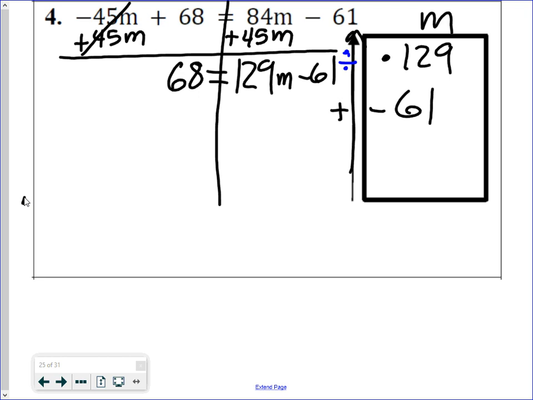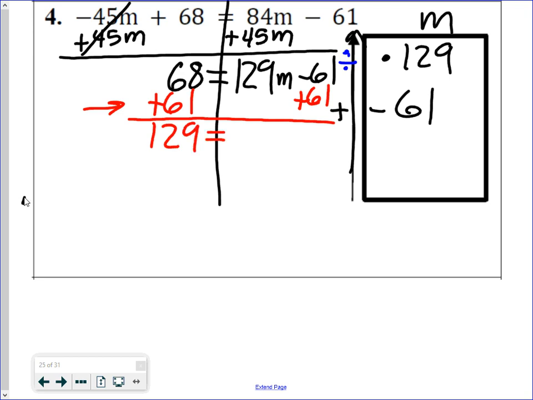Okay, so let's go ahead and do that. First step is to add 61 to both sides. So we're going to add 61 here, add 61 here. As I do that, I just like to start from the left and move right. So 68 plus 61 is 129. And that's equal to, the 129m comes down. And negative 61 plus 61 cancels. That goes away.